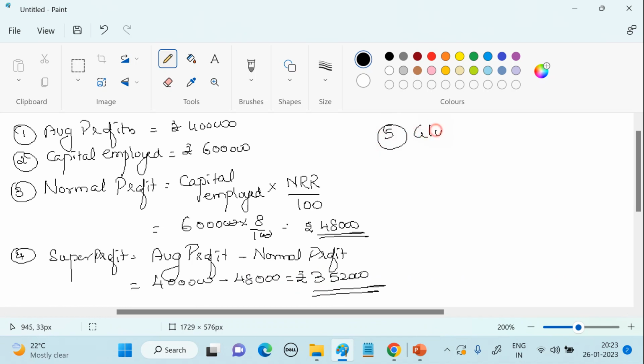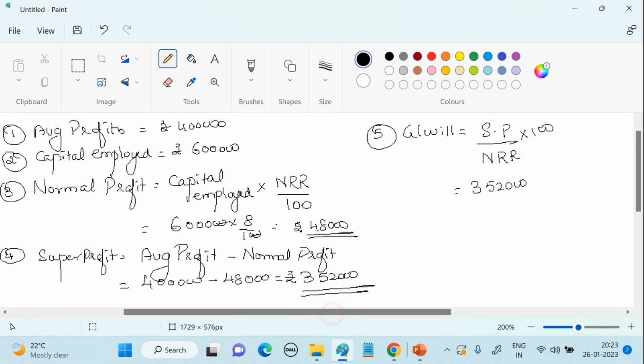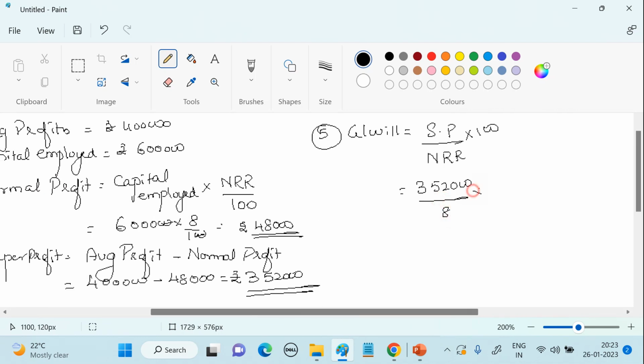Next, we have to find out goodwill, and this is by capitalizing super profit. So the formula is super profit by normal rate of return into 100. Super profit we just got, 3,52,000. Normal rate of return was 8%, divided by 8 into 100. So 4 eights are 32, 4 eights are 32, 0.